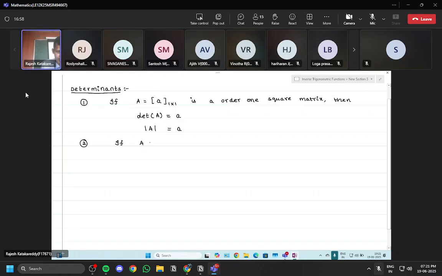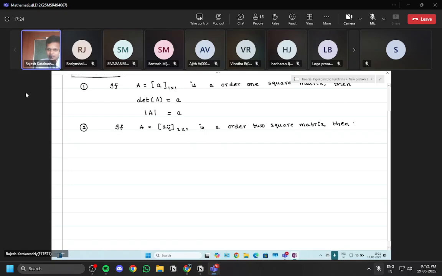If A is equals to Aij, 2 by 2, is a order 2 square matrix, then let us take A is equals to matrix A, B, C, D, right?